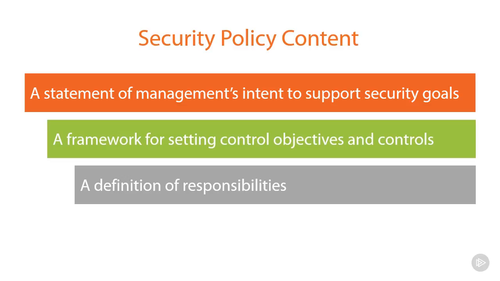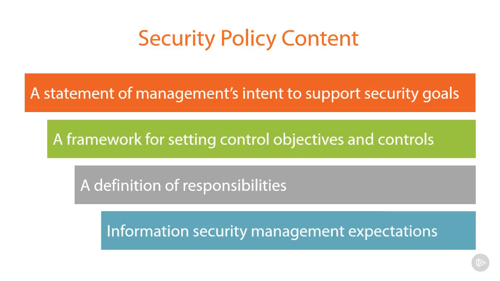A definition of responsibilities is also important because not everyone has the same responsibilities with regards to security. It really depends on what their role is within their normal job and within the security organization. And then finally, information security management expectations should be clearly outlined as well.